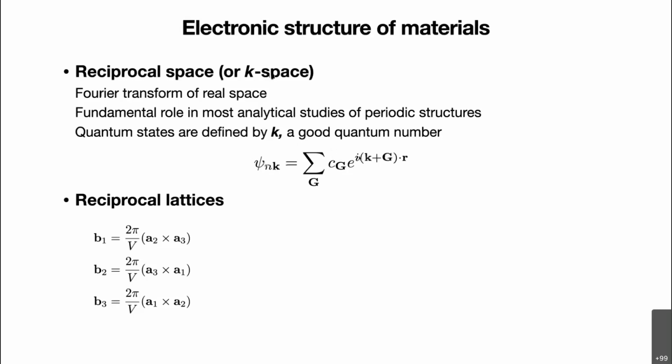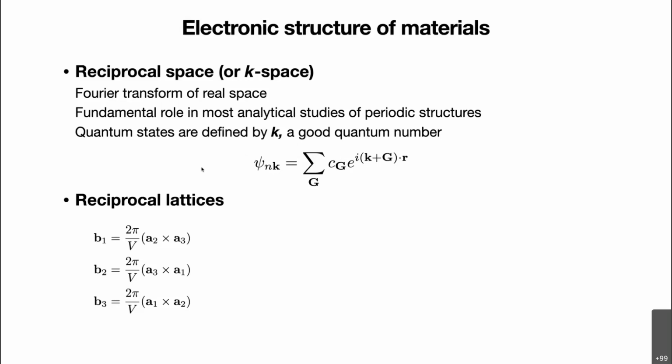Also, G is the reciprocal lattice vector. Using wave functions, we can easily calculate the quantum state and eigenvalues numerically. Because of that reason, we need reciprocal space and reciprocal lattices.